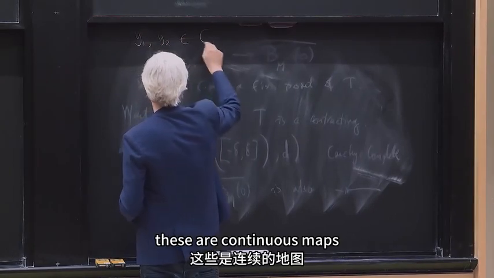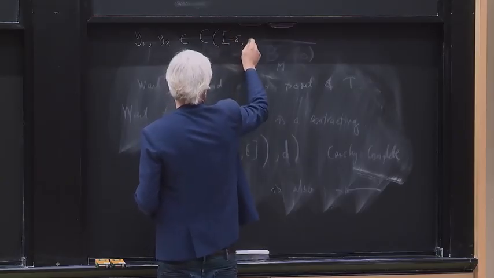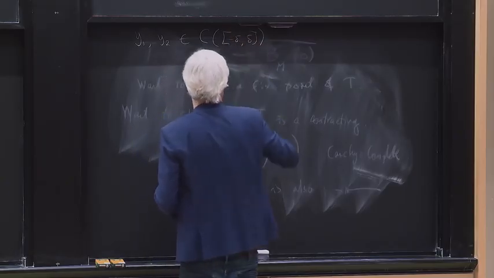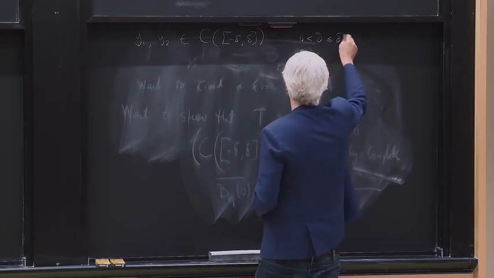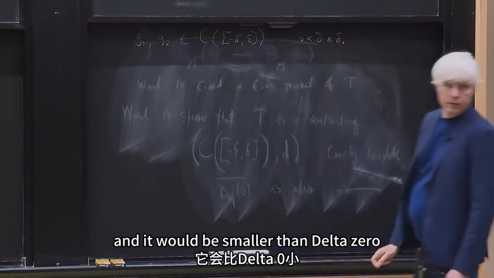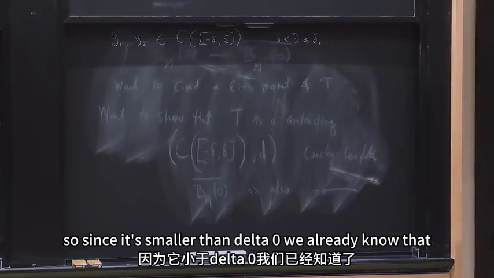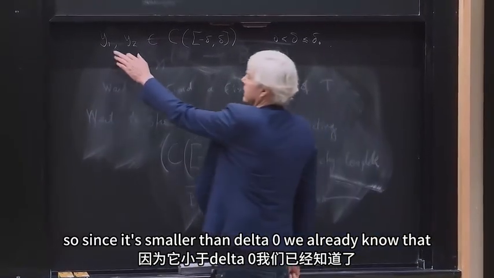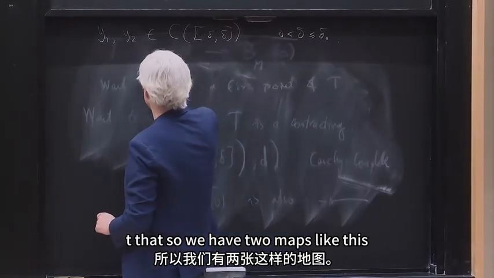These are continuous maps on some interval, say from right here. Again, delta is the delta we're looking for, and it is smaller than delta 0. Since it's smaller than delta 0, we have two maps like this.